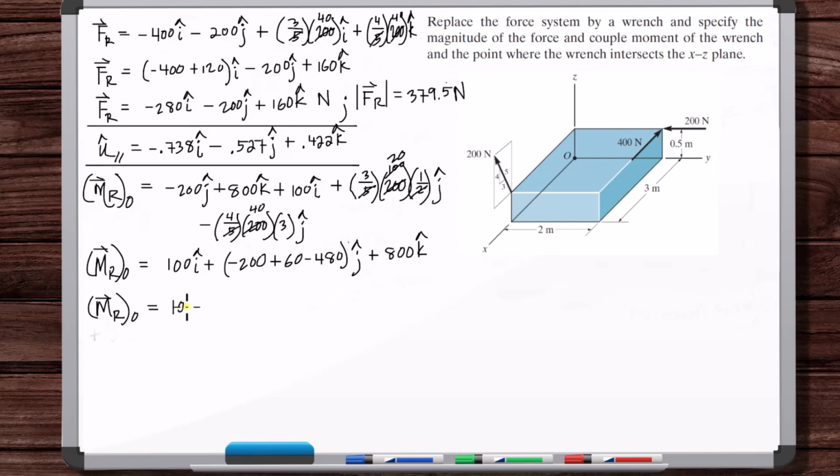So 100 I hat, and then minus 200 minus 480 is minus 680. Minus 680 plus 60 is minus 620. There we go. That's the couple moment.